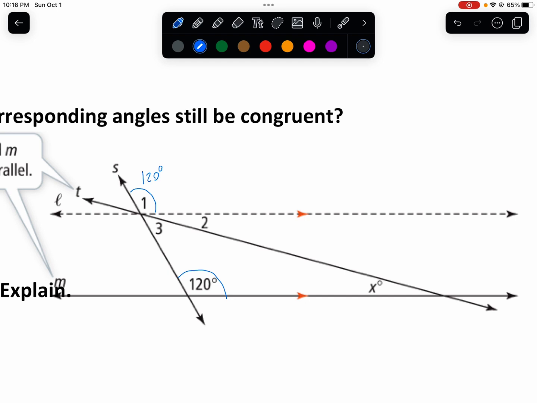Awesome. If this bigger angle is still 120 degrees, then corresponding angles can be congruent no matter what kind of lines we have. But if it's not 120 degrees, we know that it can only be congruent if we have parallel lines. So let's see if we can find out how big that remaining angle is.